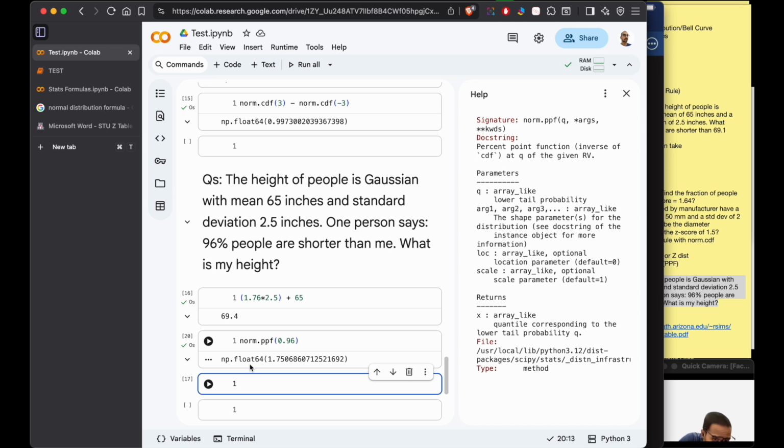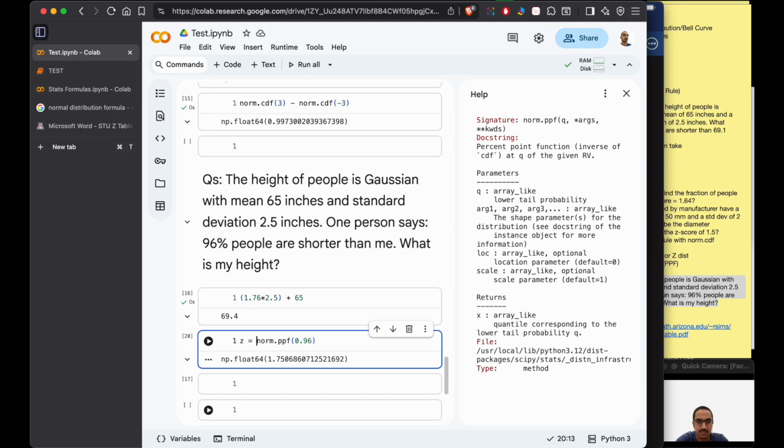So the flow is from probability to the point, right? So now we got, this is the z-score. So through PPF, we compute the z-score.